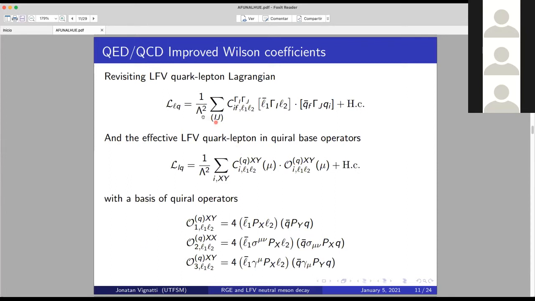So this Lagrangian that I first showed can be rewritten in chiral basis operators, because in the effective field theory that we use, this is the classical quark-lepton lepton-flavor violating Lagrangian in chiral basis. These operators have this form, and one can see that they contain information about the lepton and quark currents for scalars, tensors and vectors in this case.